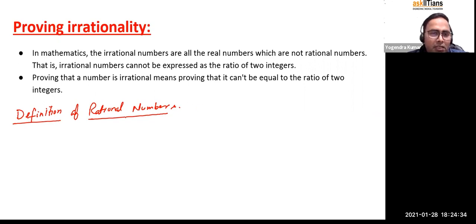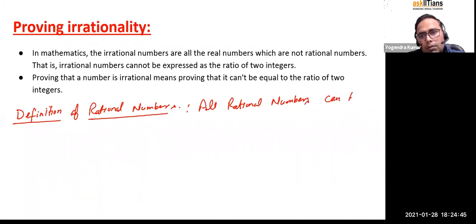Rational numbers can be represented in p by q form. All rational numbers can be written in p by q form. Now, conditions are there.